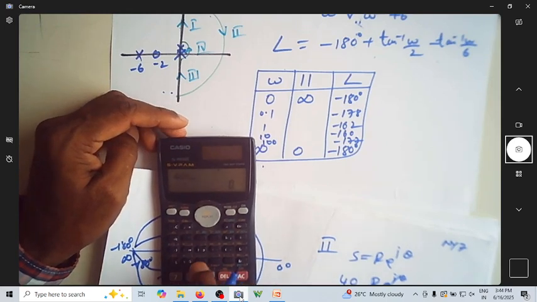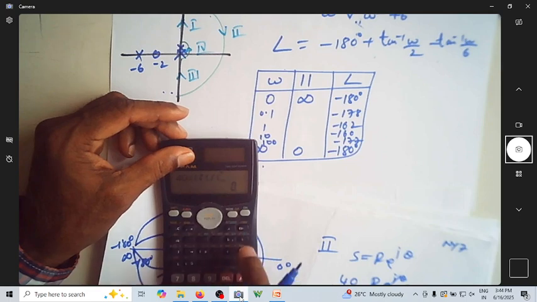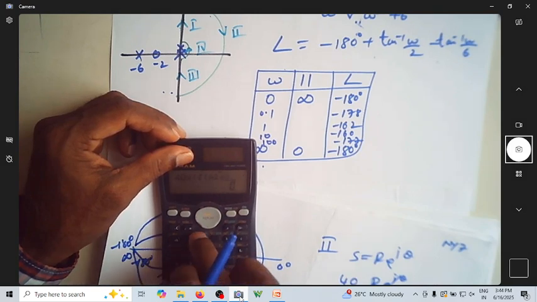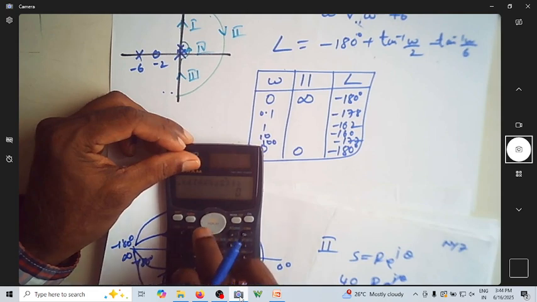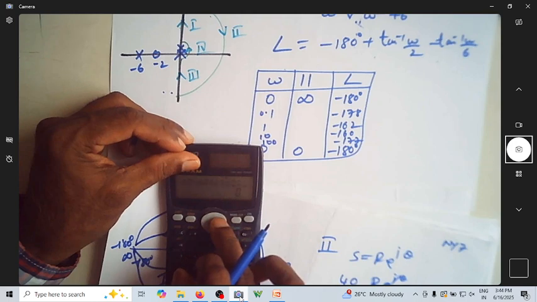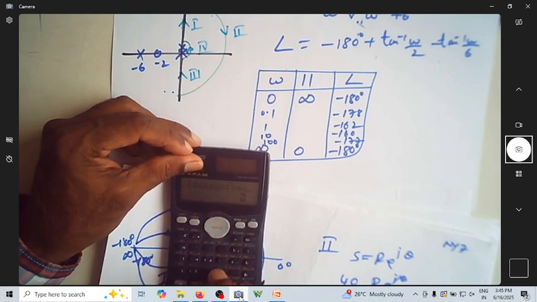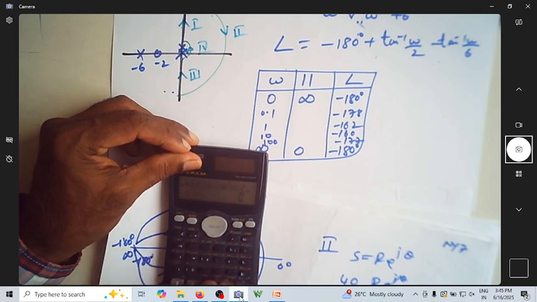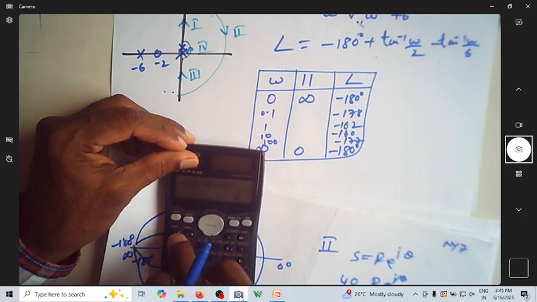It is 40 into the square root of alpha a square plus 2 square, divided by alpha into the square root of alpha a square plus 6 square, and I equate it to 1.